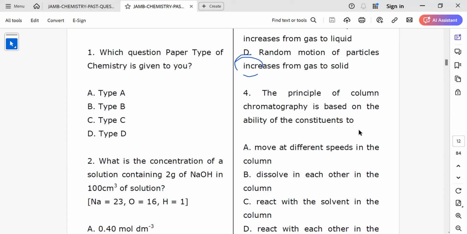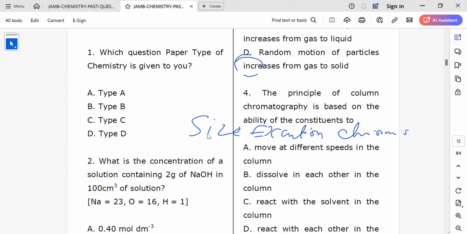For example, gel filtration chromatography, or size exclusion chromatography, as we also call it, separates molecules based on their different sizes.